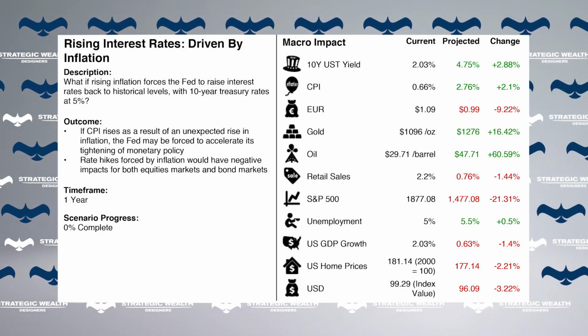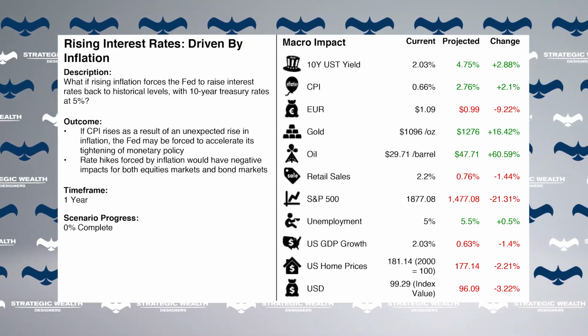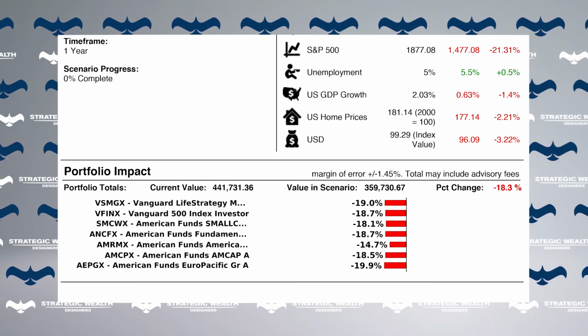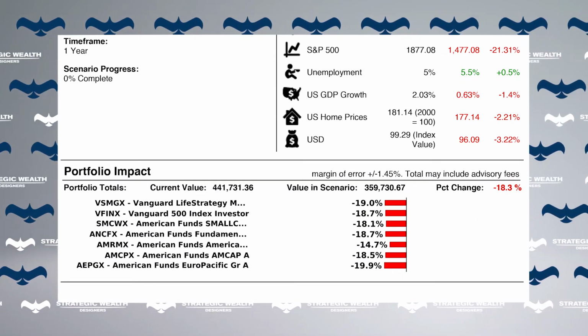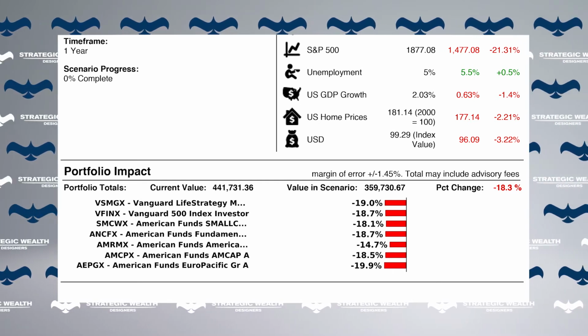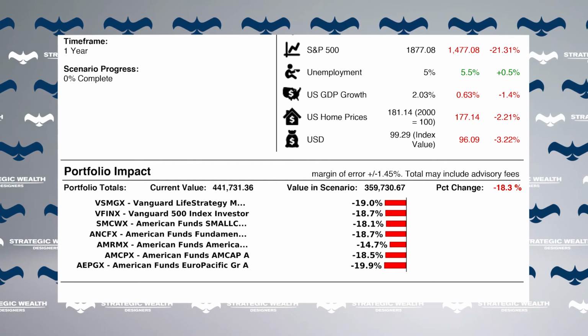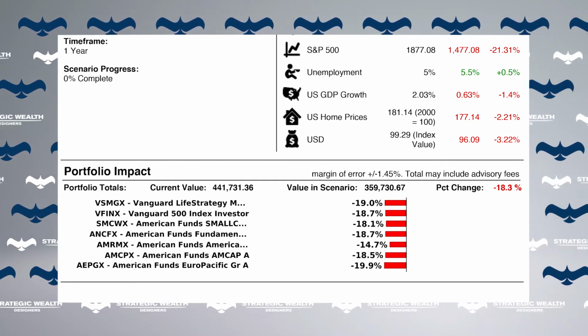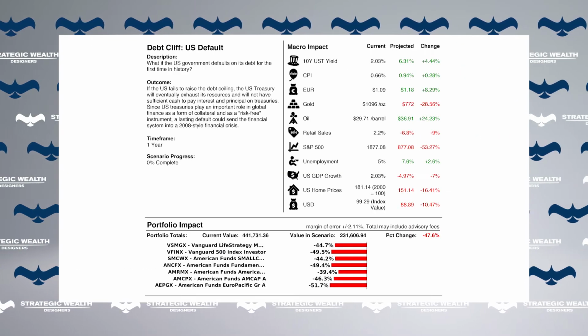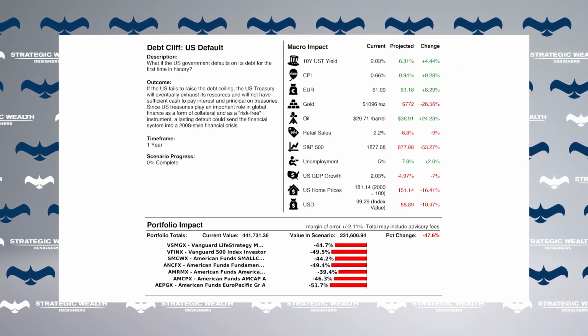Unemployment would rise by 0.5%. And this particular scenario would go from $441,000 down to $360,000, which is a negative 18.3% decline. Below that, you can see how each position within the portfolio would react based on that scenario. The next one we're looking at is the debt ceiling.